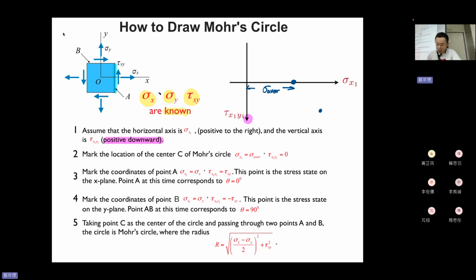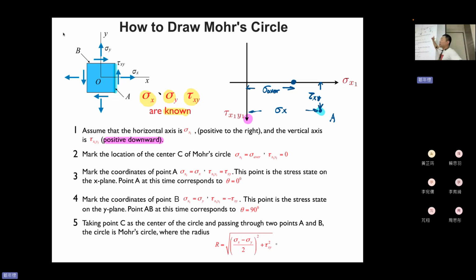This is tau xy, and this is sigma x. We use these two values to locate point A, which specifies tau xy and sigma x, which are known.